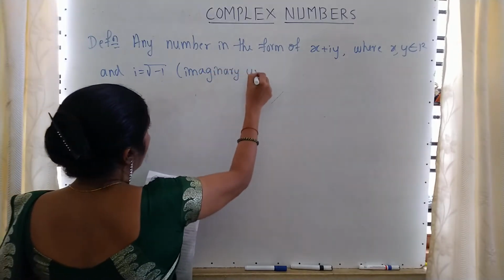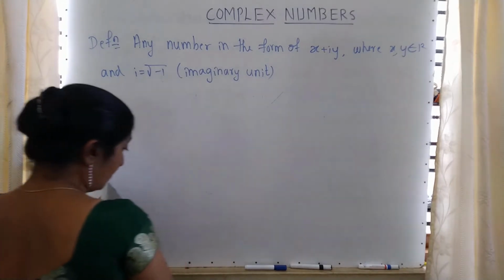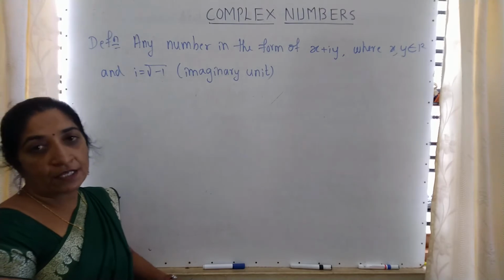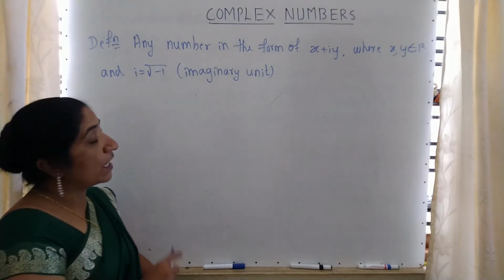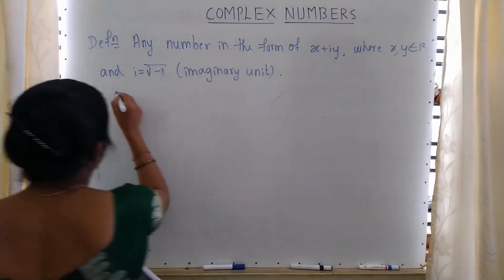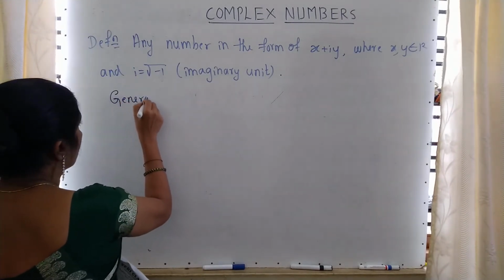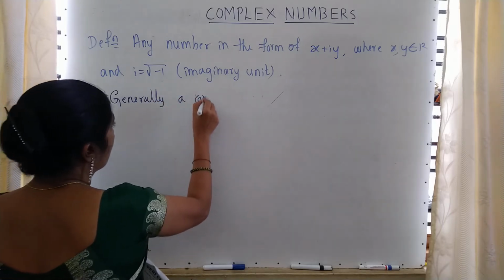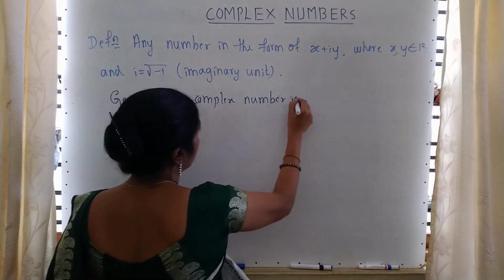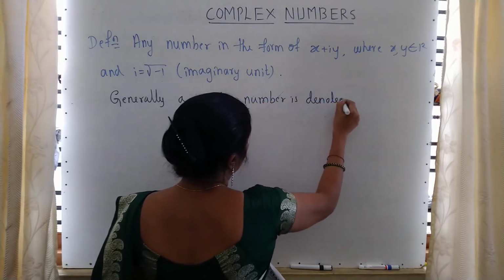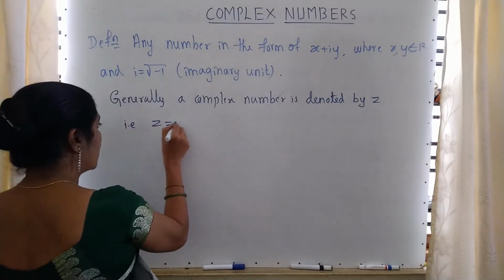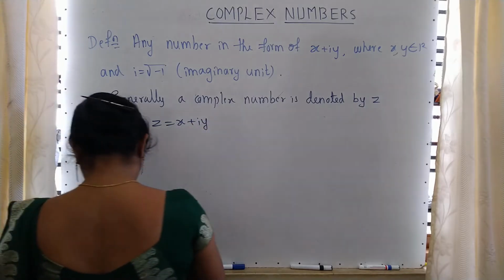Any number in the form of x plus iy, where x and y are real numbers and i is equal to square root of minus 1, is called the imaginary unit. Generally, a complex number is denoted by z, that is z is equal to x plus iy.